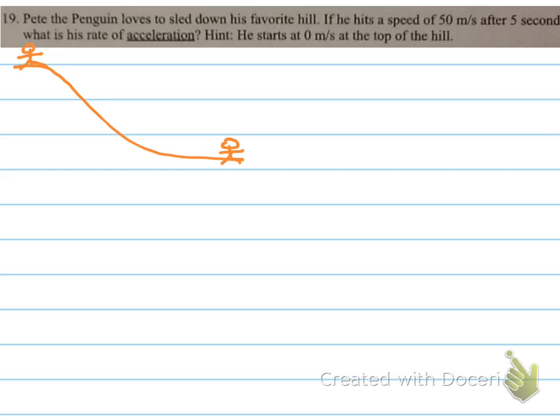At the top of the hill, his speed is 0 meters per second. At the bottom of the hill, his speed is 50 meters per second. And the amount of time that it takes to go down the hill is 5 seconds. We want to know what his acceleration is.